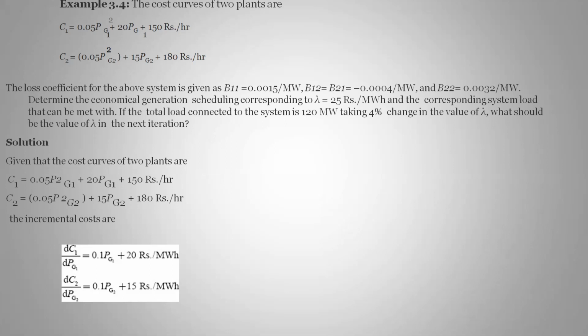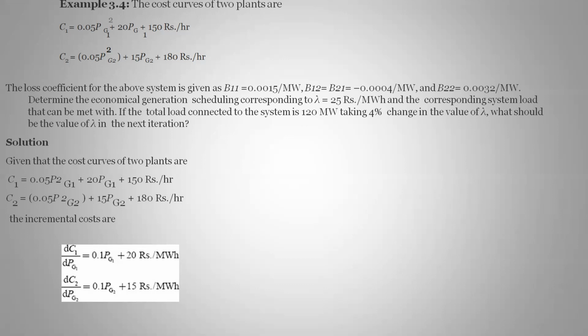So first, the three coefficients B11, B12, B12 is equal to B21. This was already discussed when deriving the transmission loss coefficient formula: BPQ is equal to BQP. Because B12 is equal to B21 and the B22 value is given.